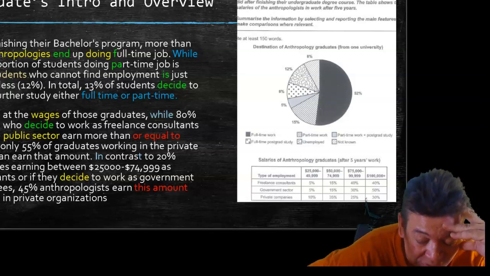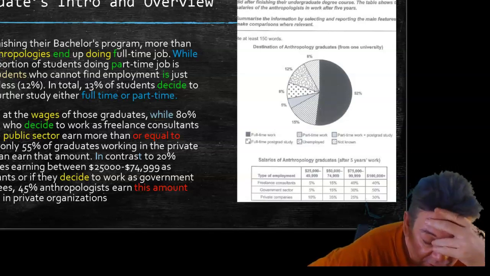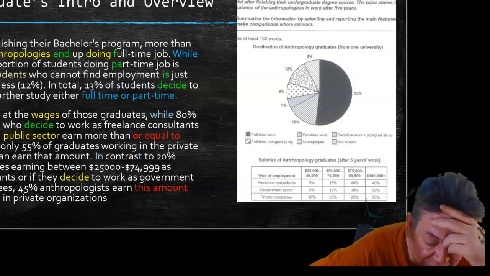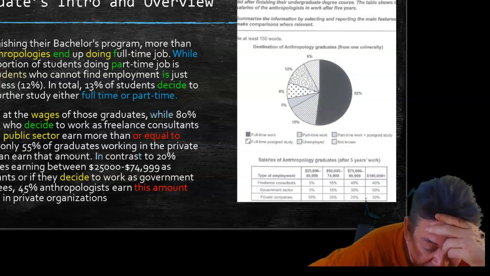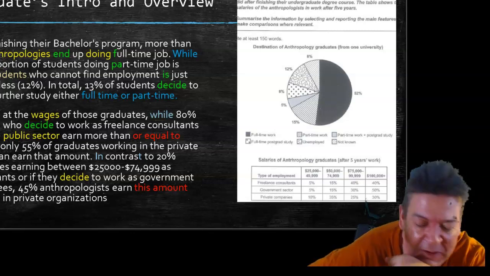All right, let's just rewrite that last part. And don't start it with that. So it's like, the number, those earning. Now we can say those at this point because we know who we've been talking about. You've mentioned it in the first half of the paragraph.